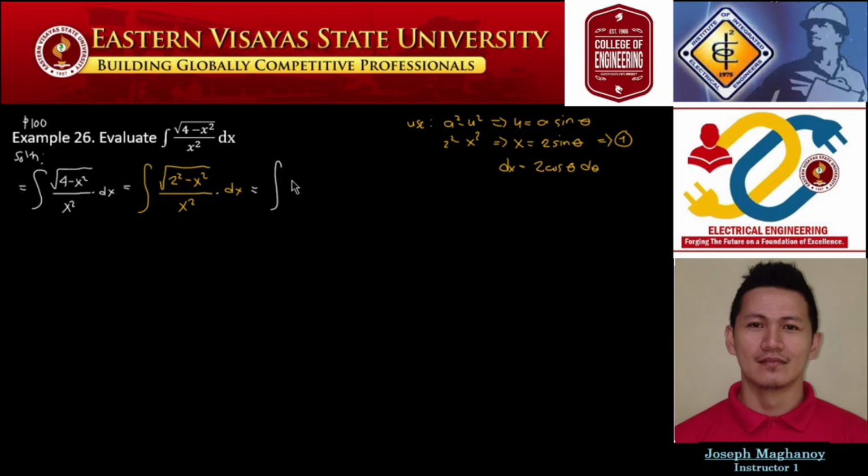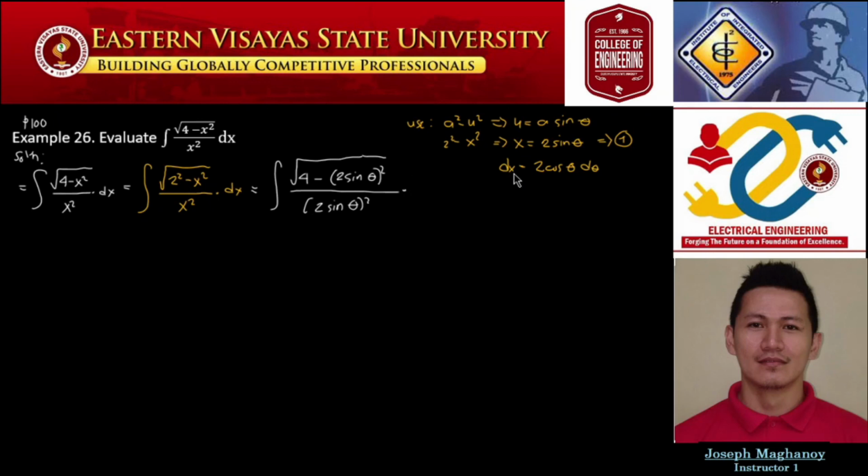Integral of square root of 4 minus x, and we already have a value for our x, that is quantity 2 sine theta squared, all over our x, which is 2 sine theta squared.